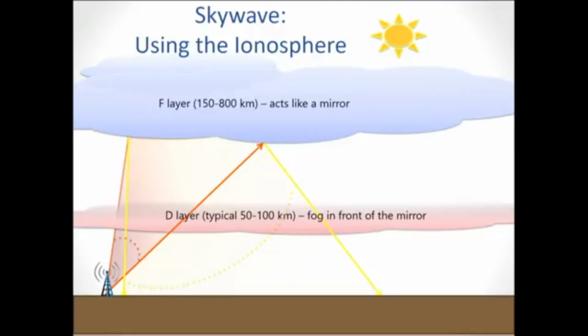And this F layer, in turn, acts like a mirror for certain radio wavelengths of the kind we're going to use. But it also energizes some other layers. For example, the D layer gets energized with X-rays, and it acts like fog in front of the mirror. So in the daytime, when the D layer is energized, you tend to get quite a bit less good propagation than you can at night.